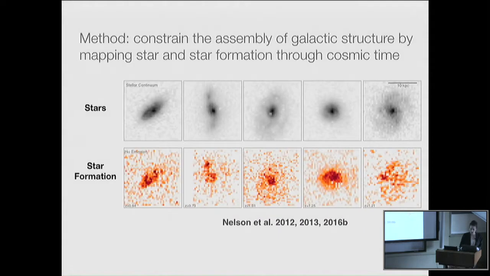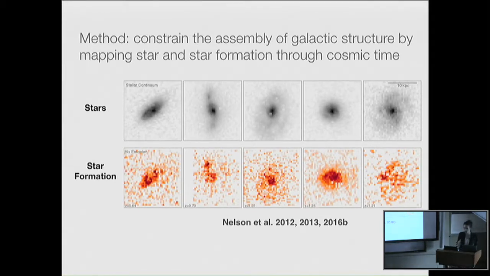And so I think a particularly powerful methodology in order to place observational constraints on the structural assembly of galaxies is if we can map both their stars and their star formation across cosmic time. That allows us to determine whether these different structural components formed via ex situ processes or in situ processes, and hence place constraints on which of these physical drivers are responsible.